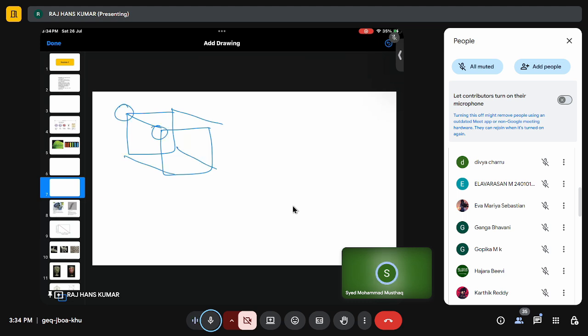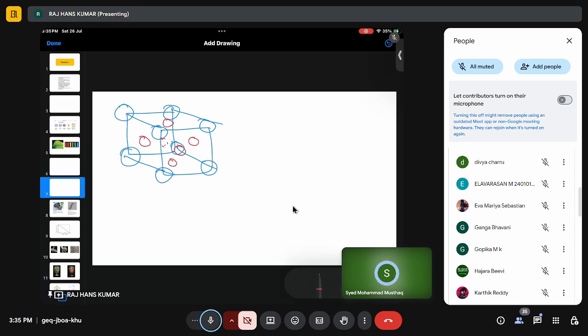I have atoms at the corners, and not only at the corners, you can even see atoms sitting at the face centers.